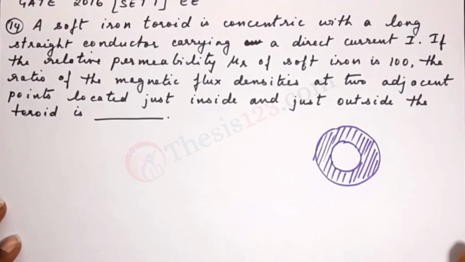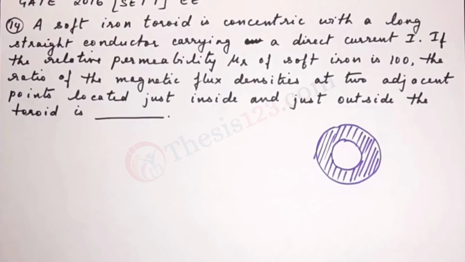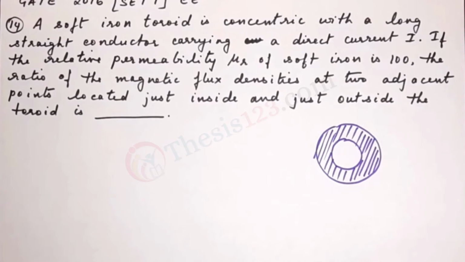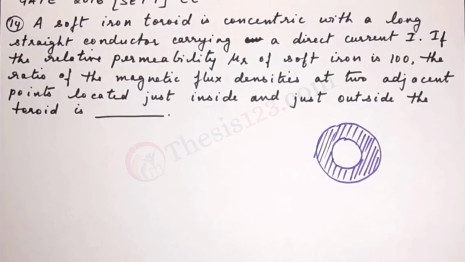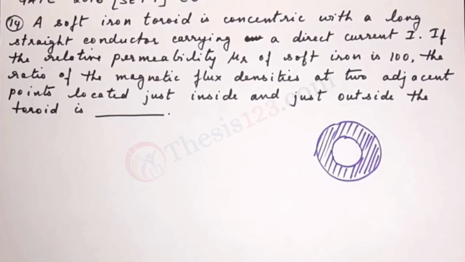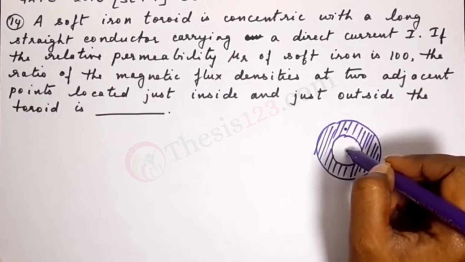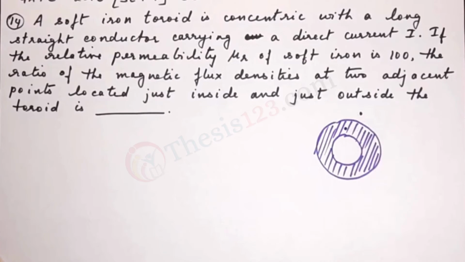This entire portion here is the soft iron. Okay, and so it says that if the relative permeability mu r of soft iron is 100, the ratio of the magnetic flux densities at two adjacent points located just inside and just outside the toroid is. Okay, so we need one point inside the toroid and one outside. So we can take a point inside and one point which is outside.